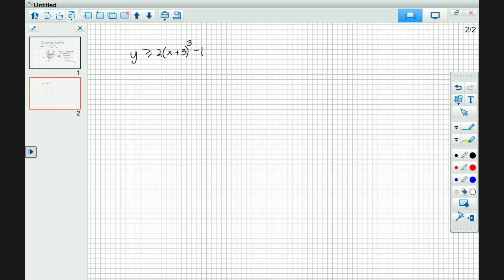Let's make it a dash. Take off the equals. Jay, you remember what the parent graph looks like on the cube? Yeah, that's the first value. Yeah, okay, so that's what we're working on here. What does the 2 do?